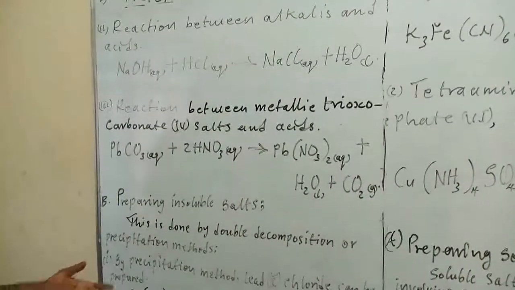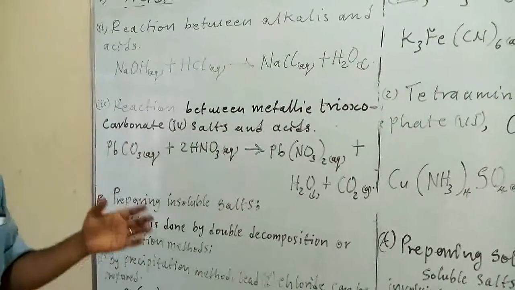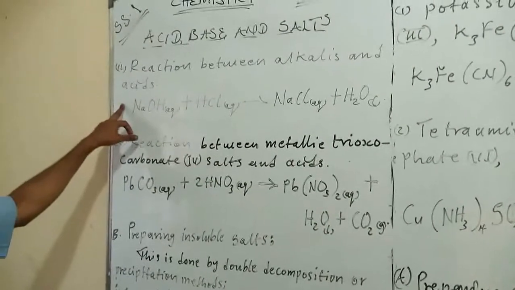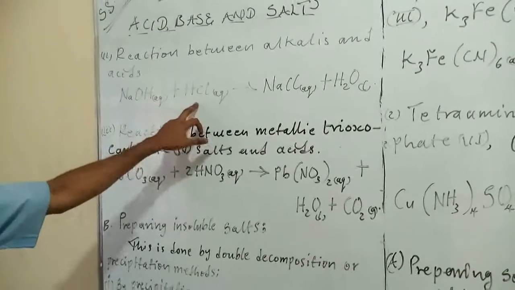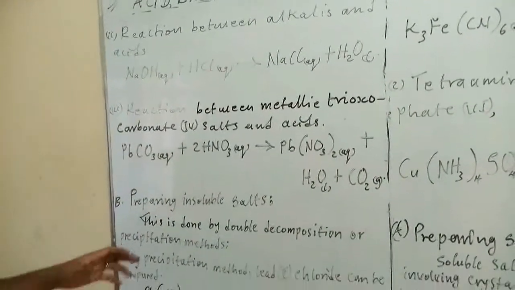In whichever case, the reactions are between metals and acid, or a neutralization reaction, which is a base and an acid, or a carbonate salt with an acid. All of these 3 methods can help you prepare soluble salt.